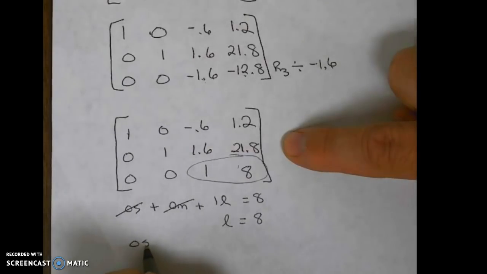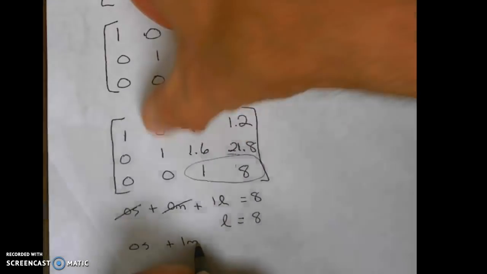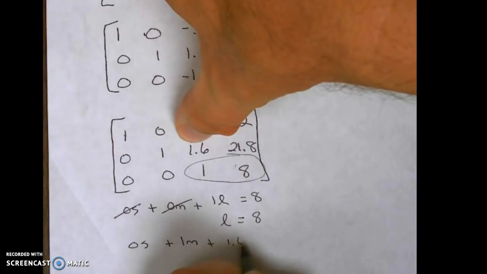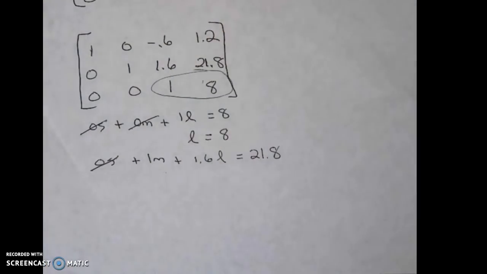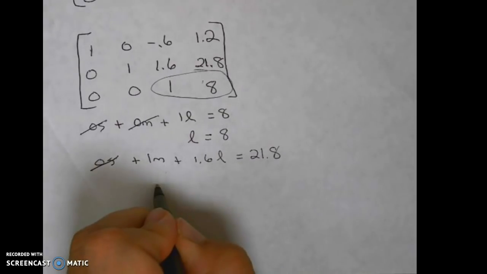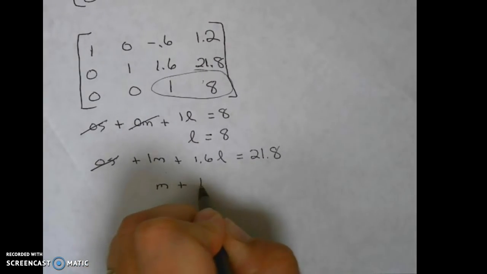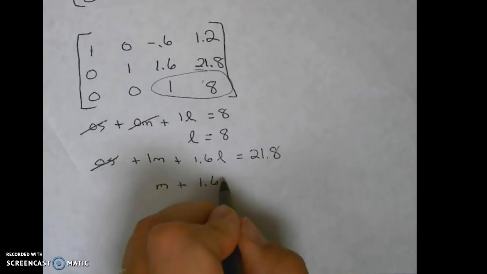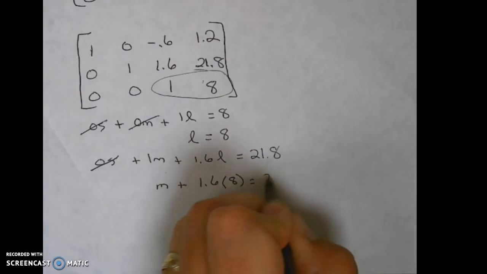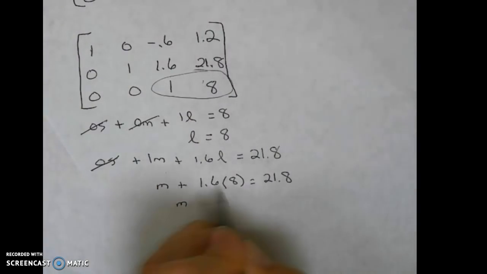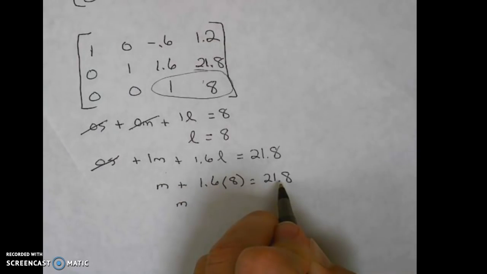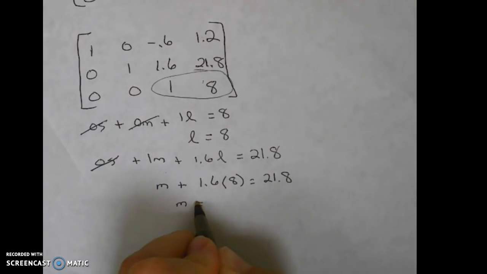We have 0 small plus 1 medium plus 1.6 large equals 21.8. So that's 0. 1 medium is just M plus, and then we're going to substitute the 8 in for L. And solving this, multiplying these together, and then subtracting from 21.8, we get medium equals 9.